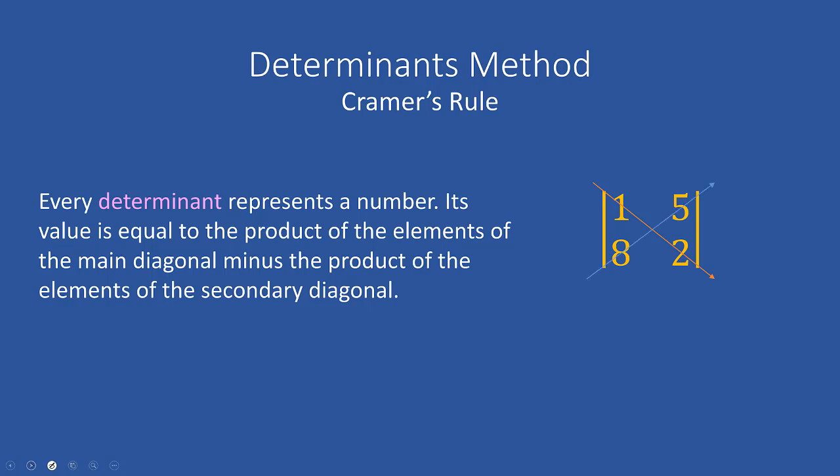So in order to find the value of this determinant, first we multiply 1 times 2, from the upper left to the bottom right, and then subtract the result of multiplying 8 times 5. 1 times 2 gives us 2, 8 times 5 gives us 40, and 2 minus 40 gives us -38.